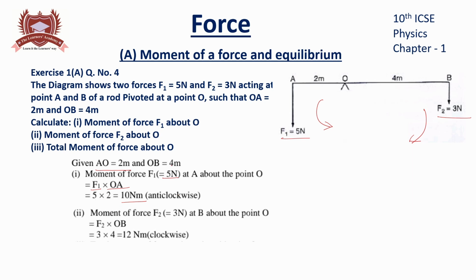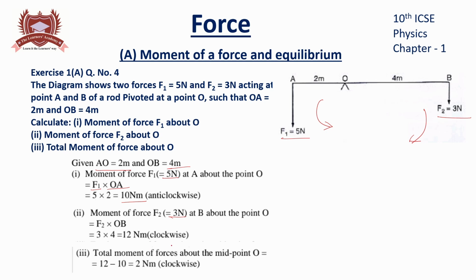In the second case, the distance was 4 meters and the force was 3 newtons. So the moment of force would be F2 times OB, so that would be 3 times 4, so that would be 12 Newton meters in the clockwise direction. Now what would be the total moment of force? Since one of the forces is anti-clockwise and the other one is clockwise, their directions are opposite, so we'll have to subtract them.